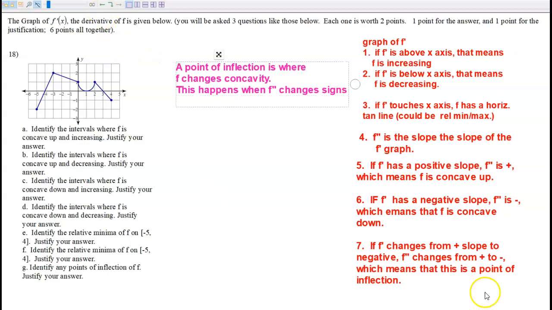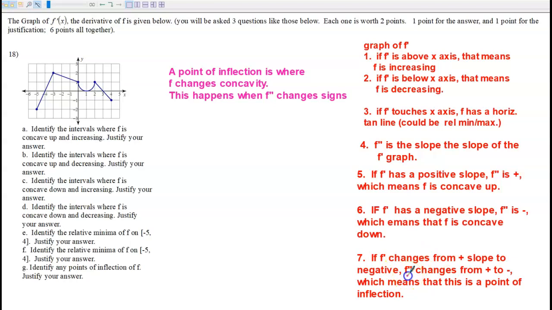Okay, so where does f double prime change signs? Well, from our little notes here, f double prime changes sign anytime f prime changes from a positive slope to a negative slope, or vice versa.